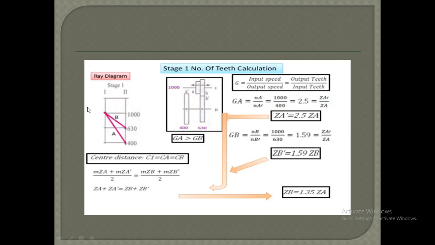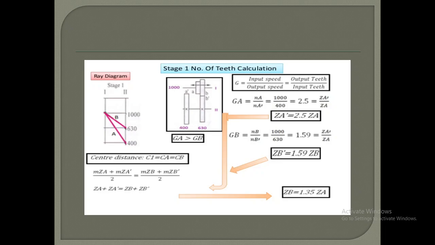And how to calculate the gear ratio for B? NB divided by NB dash. Again here the constant input speed is 1000 divided by output speed 630. You will get 1.59 ZB dash. Similarly, when you put these two equations in this equation, then you will get ZB is equal to 1.35 ZA.